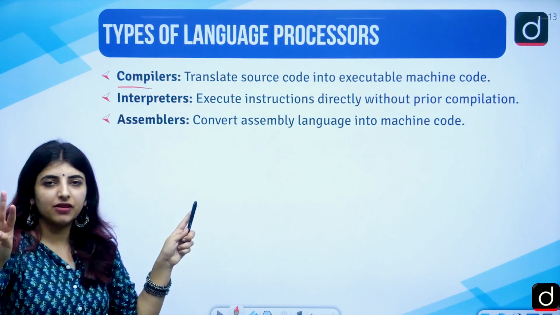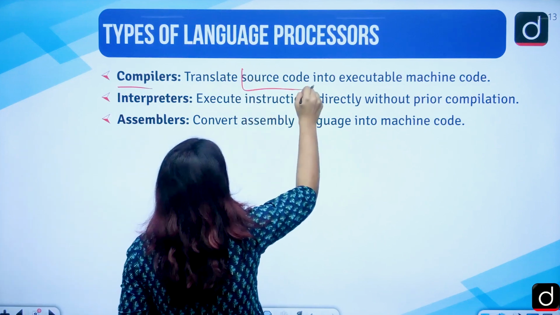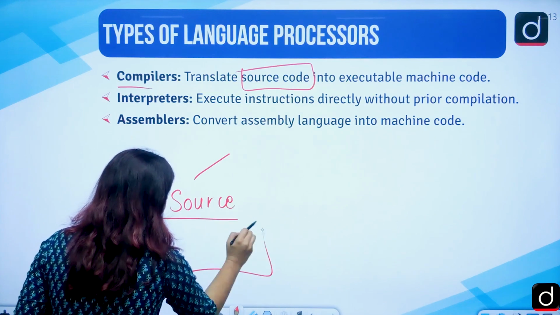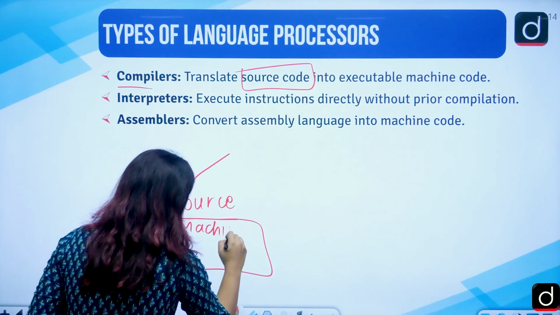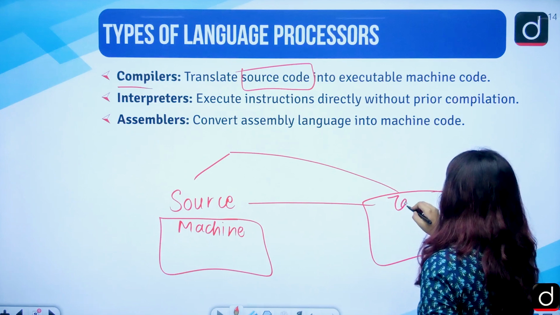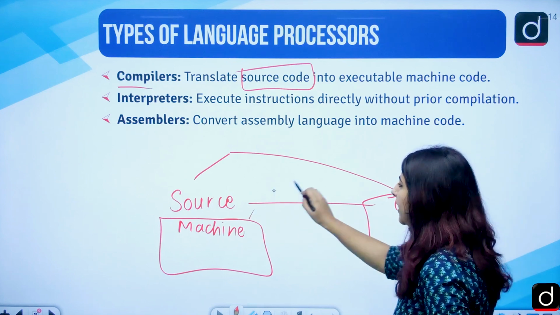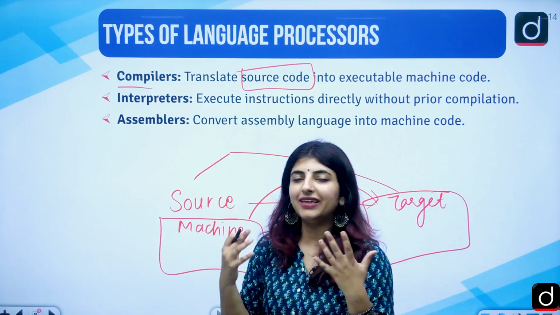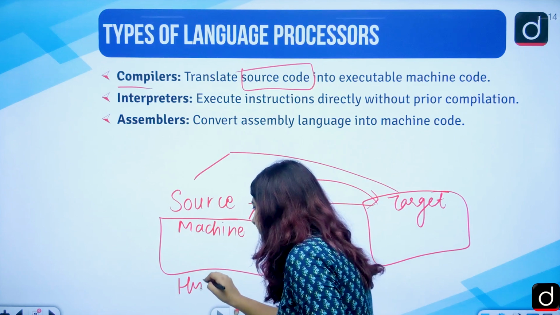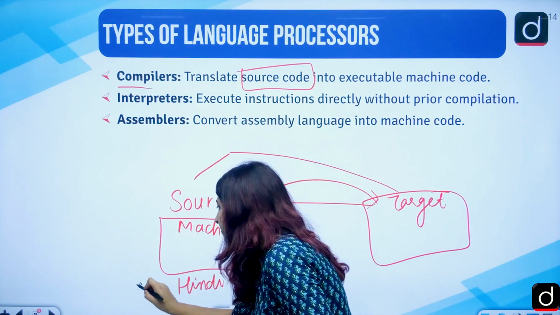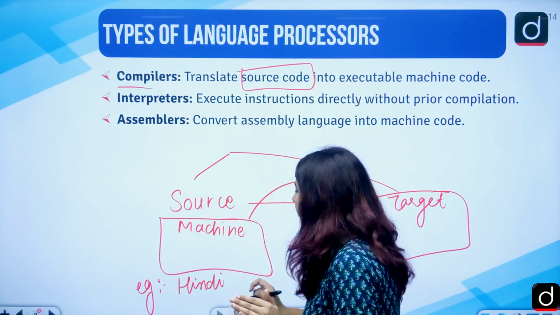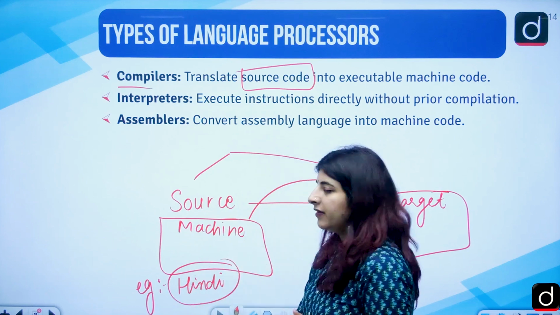So we have three types: compilers, which will translate the source code. Source code could be, let's say, machine level language, and it will translate it into the target language. I will give you an example here. Let's say that the source language is Hindi. This is not a computer example, just a generic example. I use Hindi, correct?